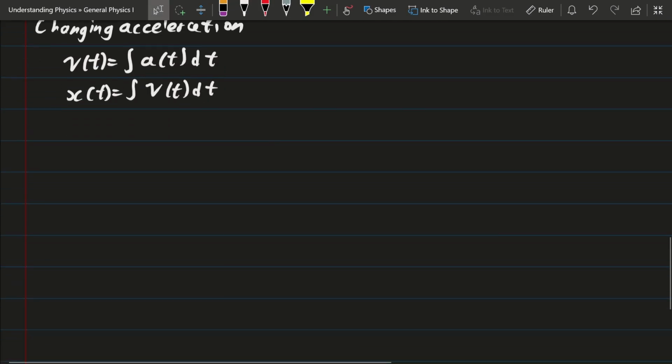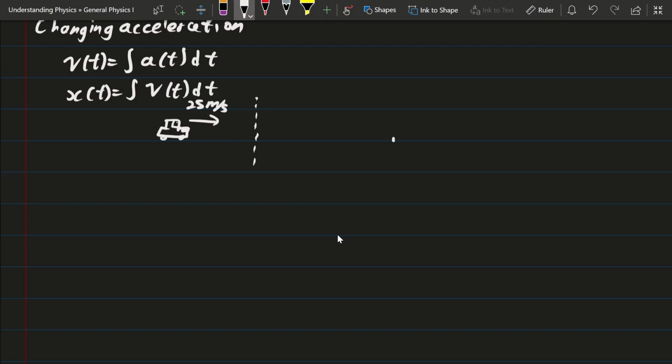So there is an example question that I will give, which is, if you are in a car and you're moving at about 25 meters per second, and then during a certain time, let's say in here, you discover there is a hazard about 60 meters away from the place that you have realized this.